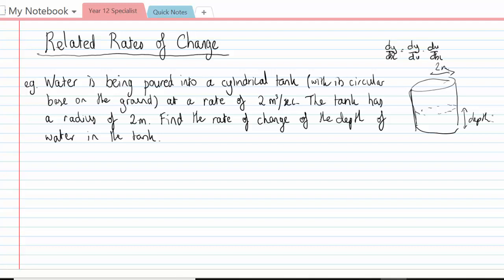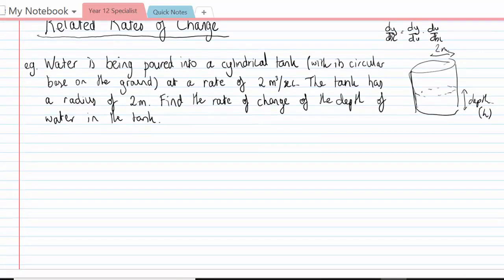I might even just call that h for height of water, just to make life easier. Now, we're also told that water is being poured in at 2 meters cubed per second. So what that tells us is that the rate of change of volume with respect to time, dV/dt, is 2 meters cubed per second.